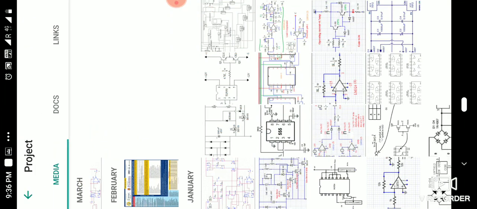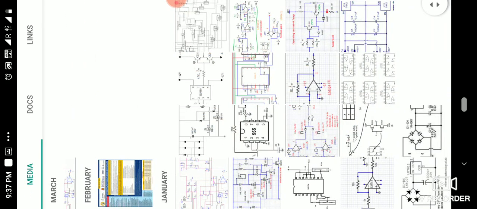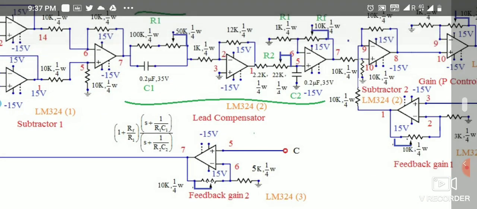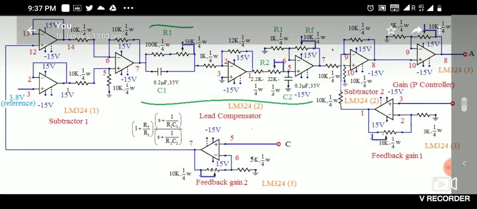Now I am going to the circuit design. Before going to that, you can clearly see this circuit.